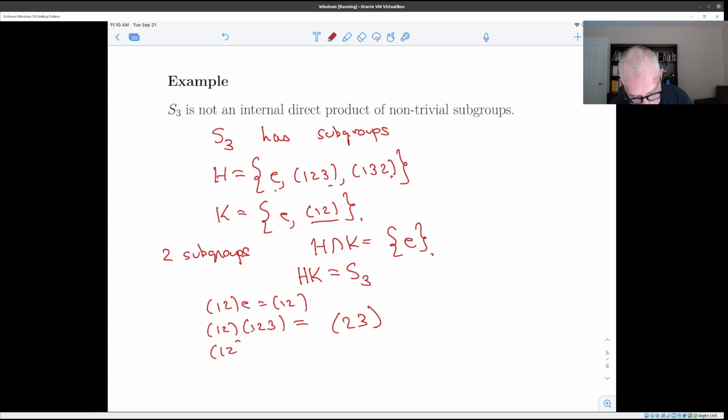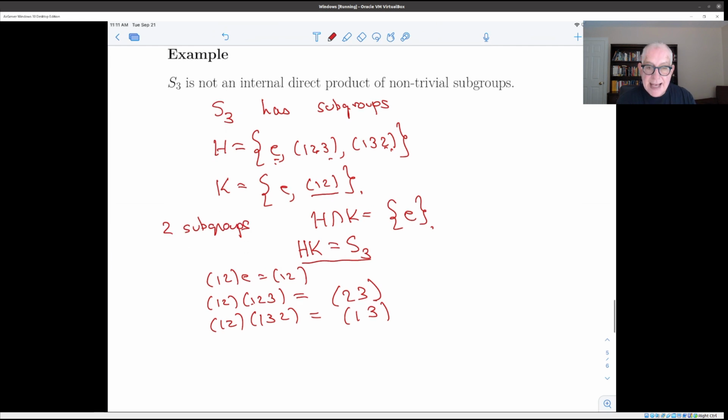And (1 2) times (1 3 2): 1 goes to 3, 3 goes to 2 goes to 1. And so we see that HK together includes these 3 elements, the identity and the 2 rotations, and also contains the 3 transpositions. So G is equal to HK.